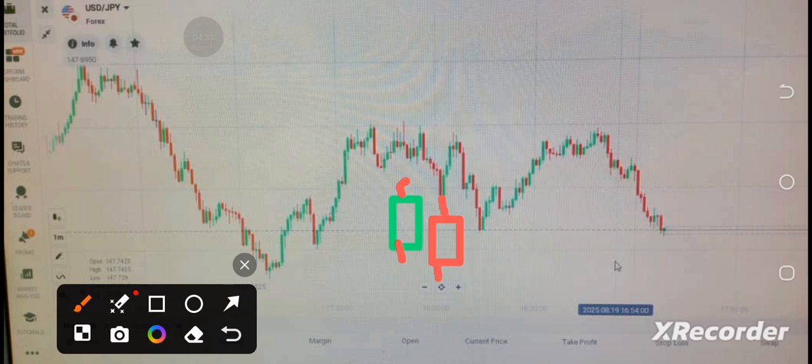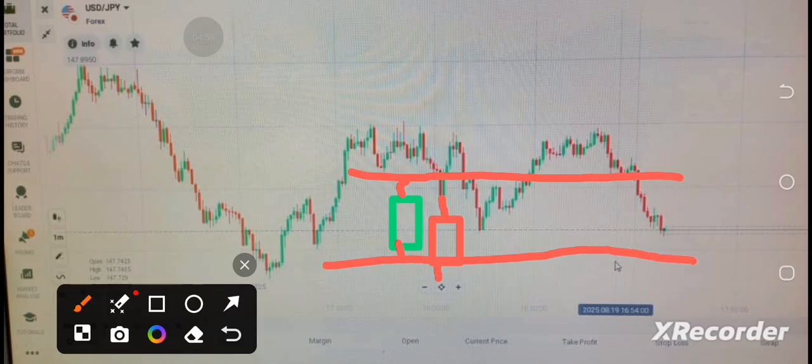Now assuming this is a level, and if you want to draw your demand zone, you start from the wick of the last candlestick that created the level, and then to the lower wick. So this is the concept of demand and supply.